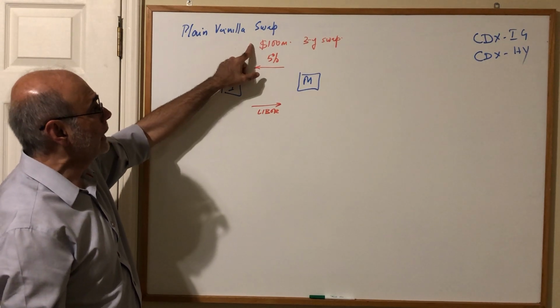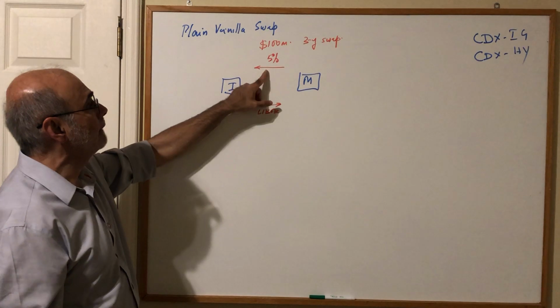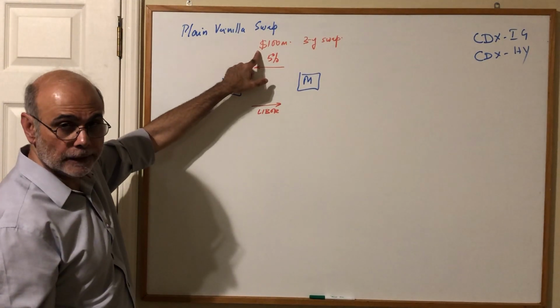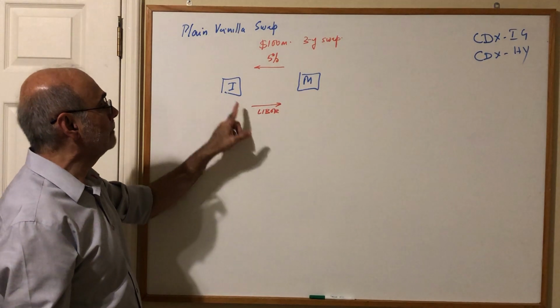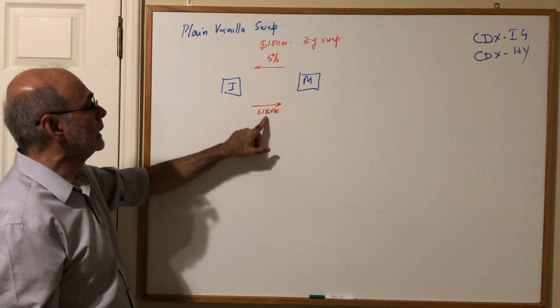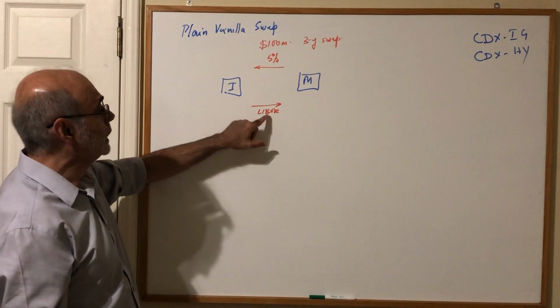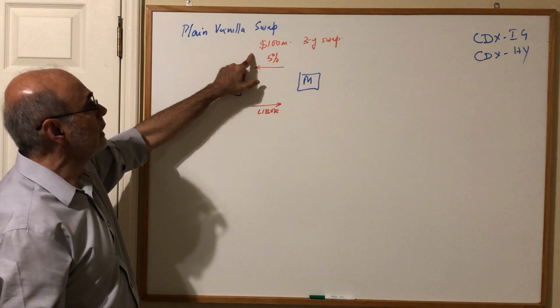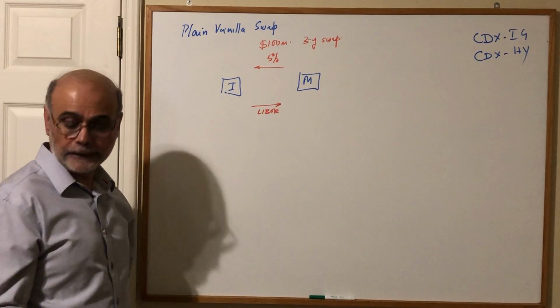It's written on a par value of 100 million, where Microsoft pays Intel 5% of the par value annually, but paid semi-annually like bonds, and Intel pays Microsoft the LIBOR rate on the swap. The LIBOR is a variable rate that changes. So the LIBOR rate on the swap of 100 million over 3 years, paid semi-annually.